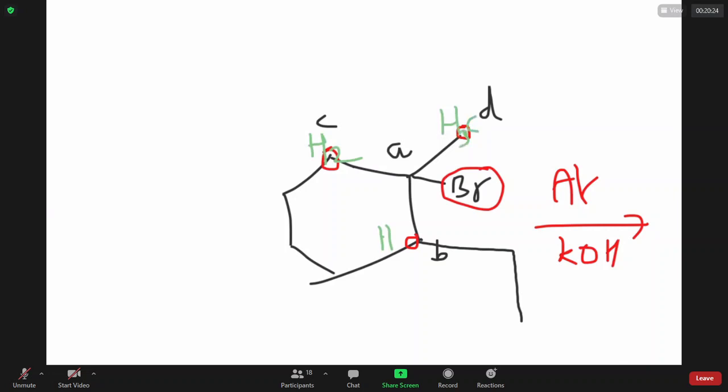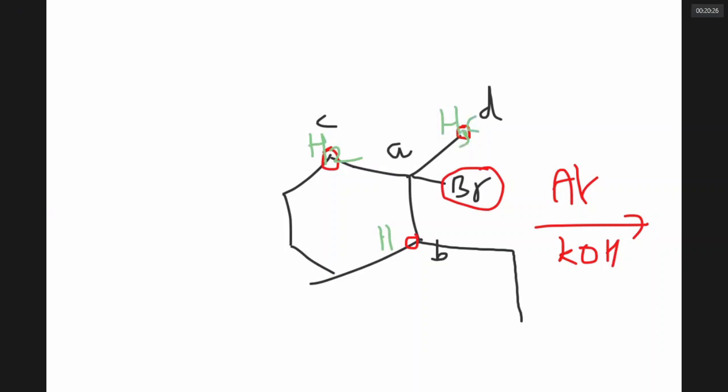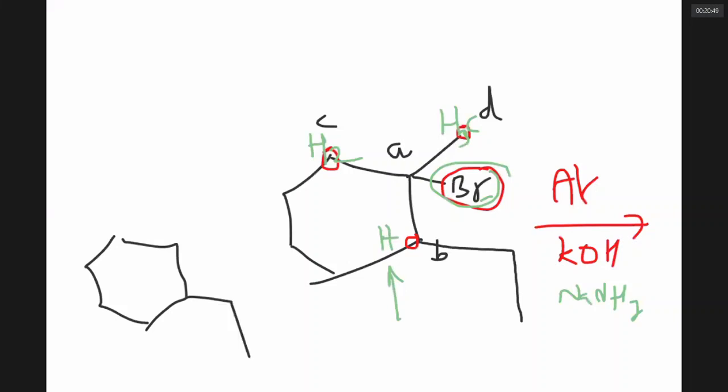Yes, sir. Now, when the alcoholic KOH or NaNH2 is added and heated, the Br minus goes with the hydrogen of that carbon which has fewer hydrogens. It means this hydrogen is preferably removed, and you will get this compound preferably.